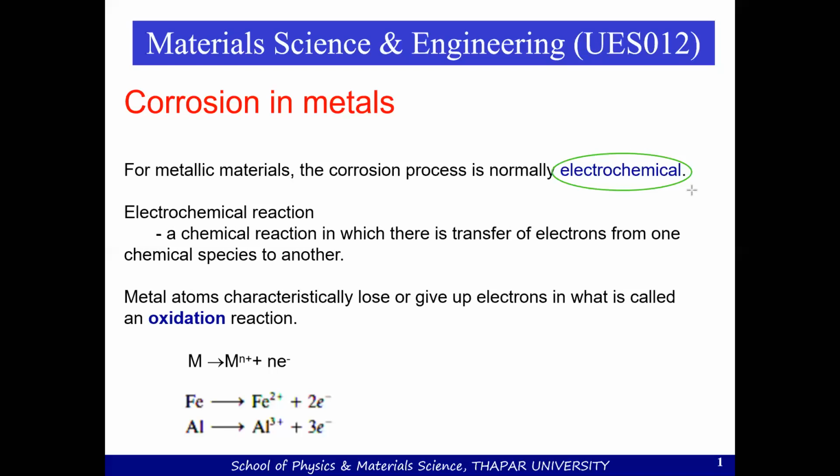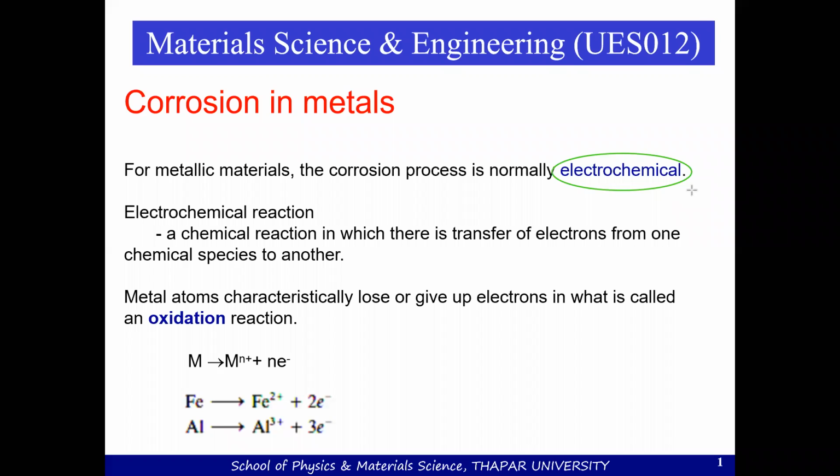For example, if I have a sodium atom, you know sodium has the atomic number 11, so its electronic structure will be 2, 8, 1. So in the outermost orbit of sodium, we have one electron, and if sodium can somehow liberate that one electron, in the process sodium gets converted from Na to Na plus, then Na plus is more stable as compared to Na.